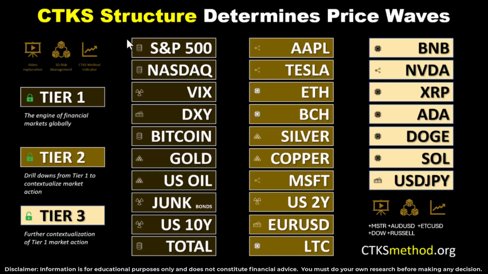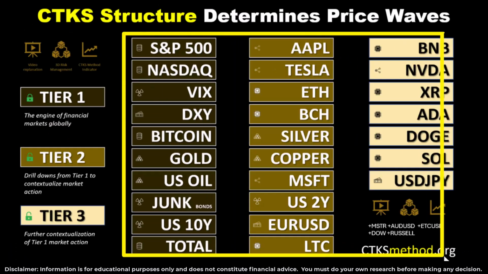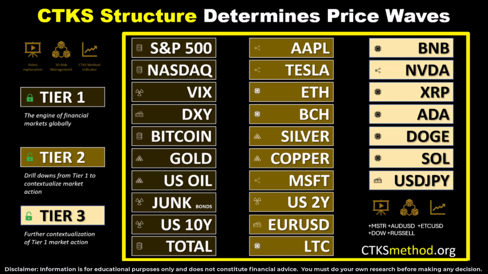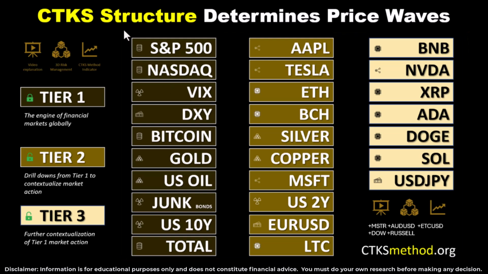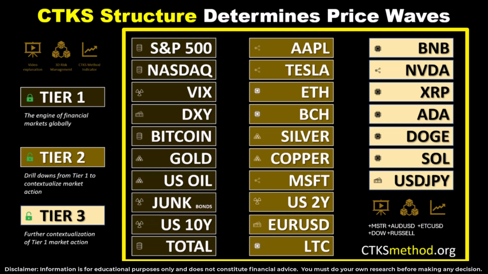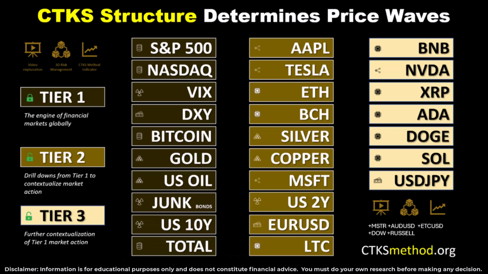If you know your structural levels and you can read between charts, aka stacking probabilities, you're just ahead of the vast majority of people inside financial markets. Unfortunately, the majority of people just look at the chart that they want to trade.